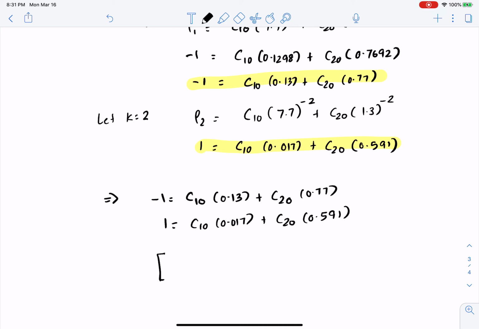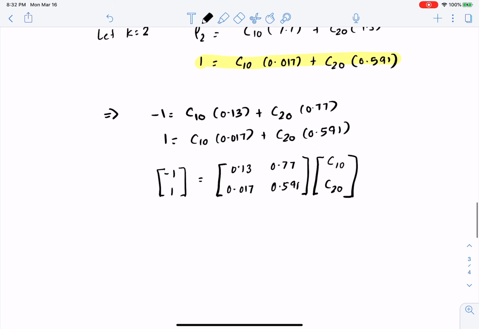So what we have here is negative 1, 1 equals 0.13, 0.77, 0.017, and 0.591, and the 2 constants are C10 and C20. Now, we will need a TI-84 calculator to find the constants C10 and C20.